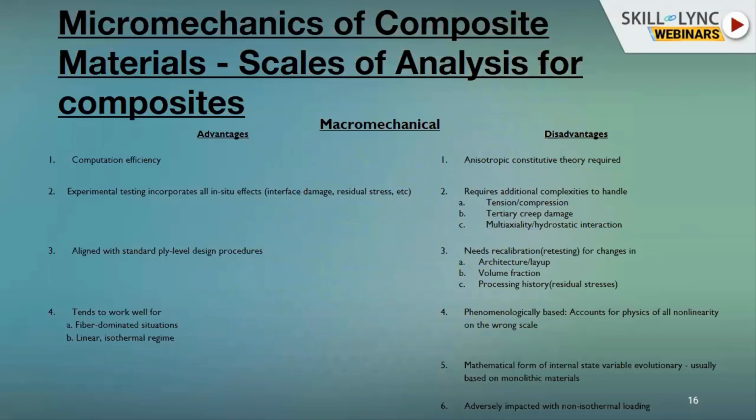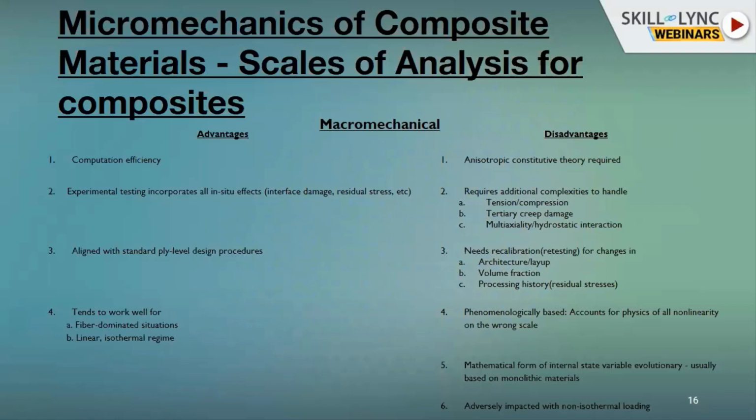Further complexities will be there when we have a tension-compression combination, creep behavior in these composites, and multi-axial and hydrostatic interactions. So this understanding at a macromechanical level has some challenges.